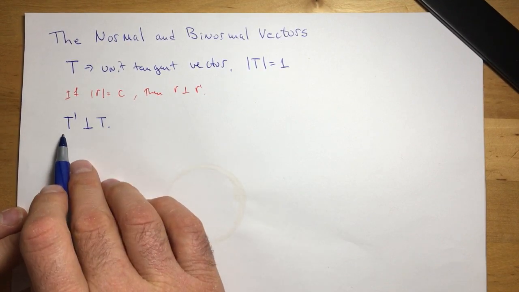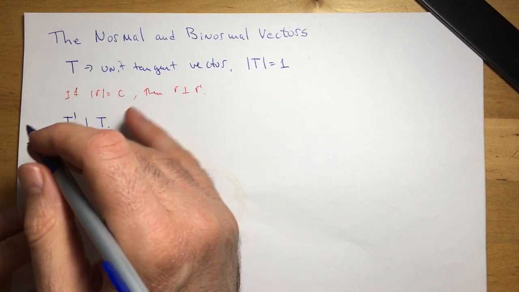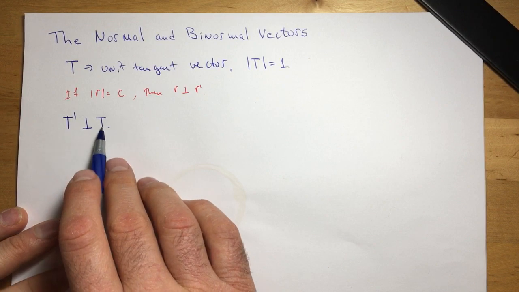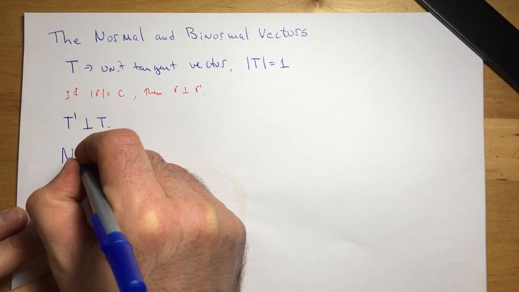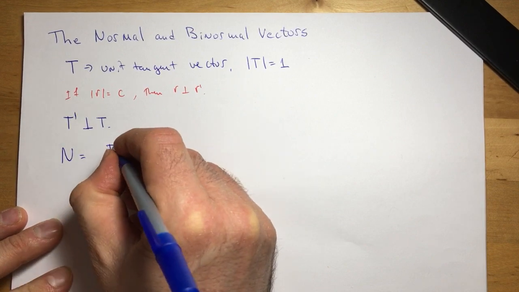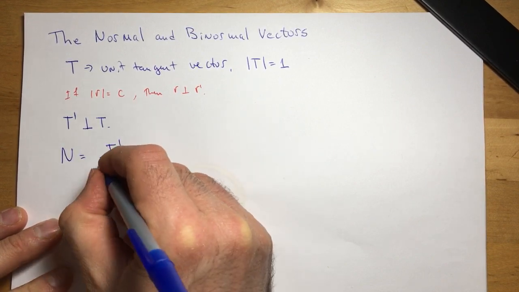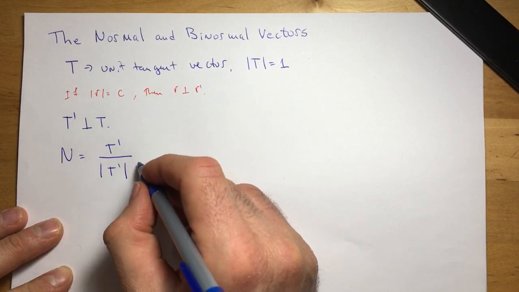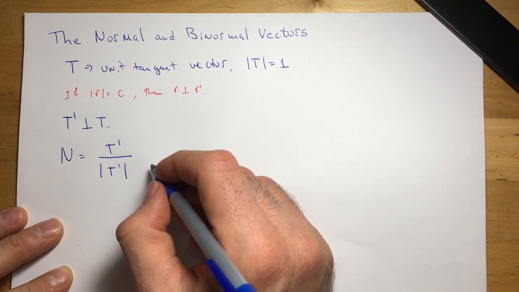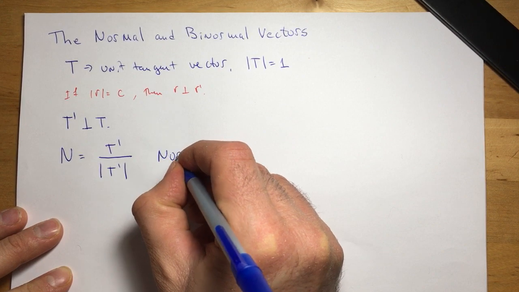Well, T prime is not necessarily a unit vector, so we define it in a similar way to how we defined the unit tangent vector. We defined a vector N that is the derivative of the unit tangent vector over its norm, and this vector is called the normal vector.